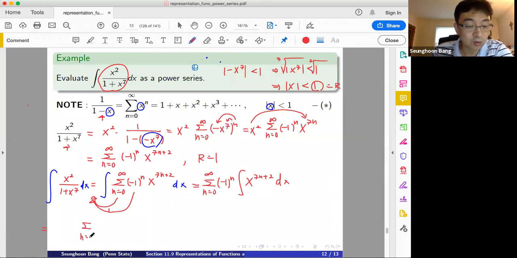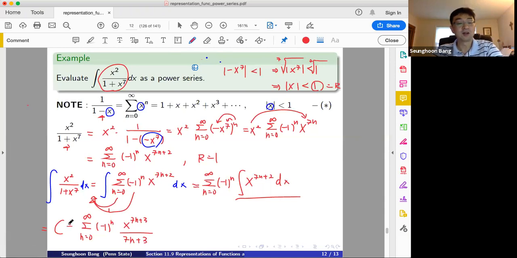The integral of this one, use the power rule: x to the 7n plus 3 over 7n plus 3. This is an indefinite integral. Here, you don't need to find c because the original problem is an indefinite integral.